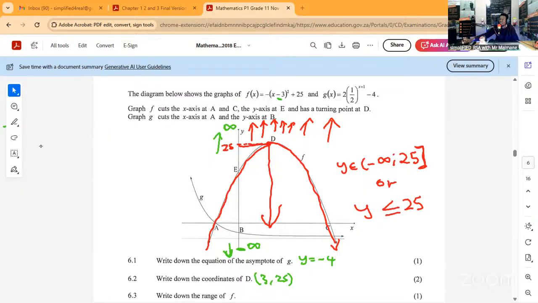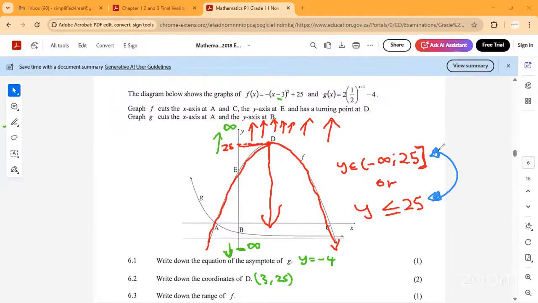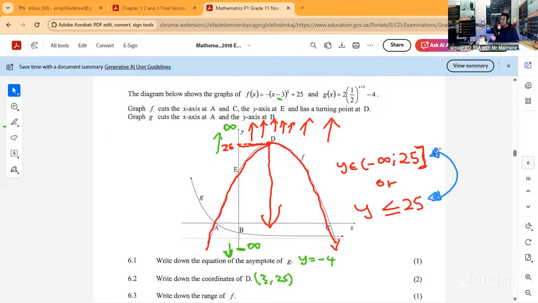So basically these two things mean exactly the same thing, just written in different notations. One student may present their range as the one at the top, another student may present it as the one at the bottom. The two mean exactly the same thing, right?